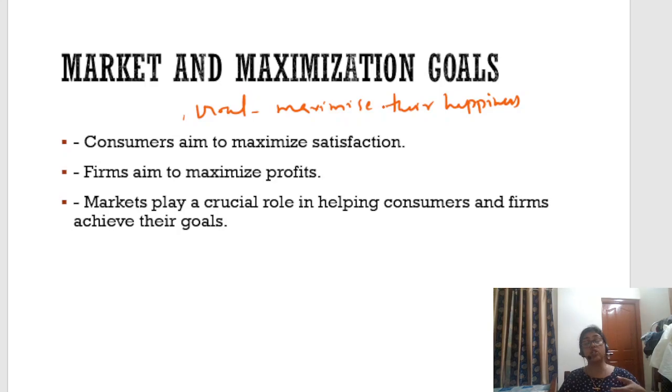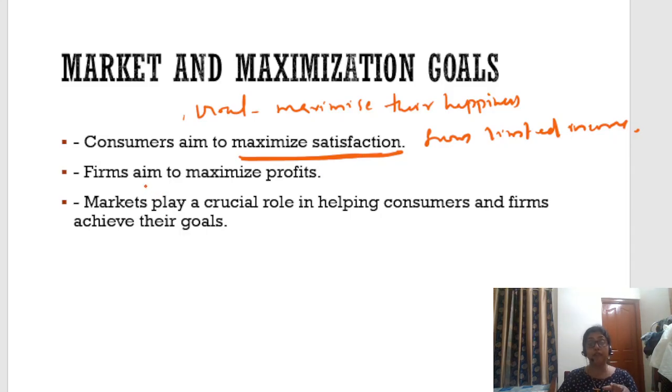As a consumer, we try to maximize our satisfaction from limited income. I make a choice when I distribute my income in a way that maximizes my satisfaction.